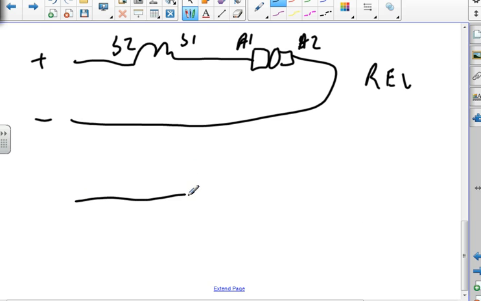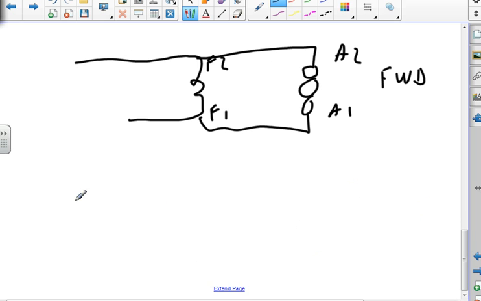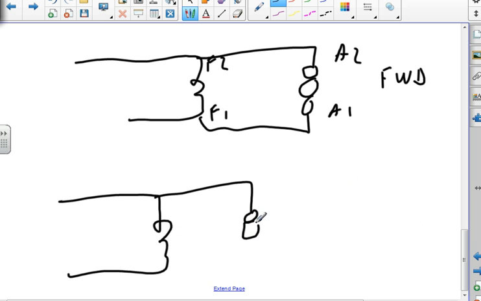So when I was in parallel, F2, F1, A2, A1, I'm going forward. And when I switch them, oh, that's good. I'm putting the squares where I should have the circles, and the circles where. F2, F1, A1, A2. Then I'm going reverse.